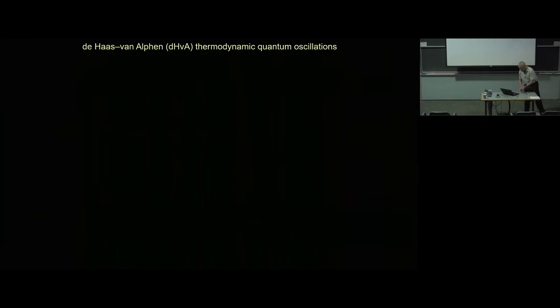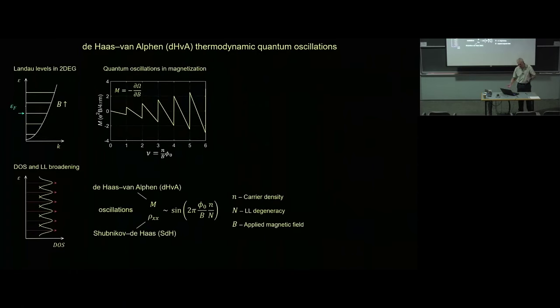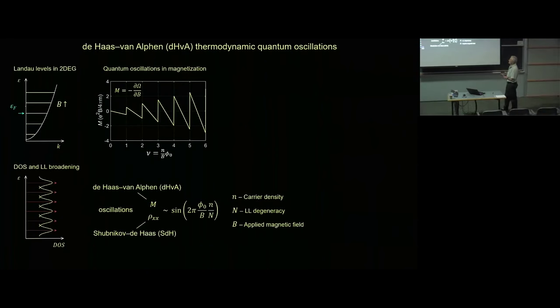Quantum oscillations should appear in any observable, and almost any experimental talk shows you quantum oscillations in resistance, which is Shubnikov-de Haas. But of course, there should also be quantum oscillations in magnetism, which is the de Haas-van Alphen effect.